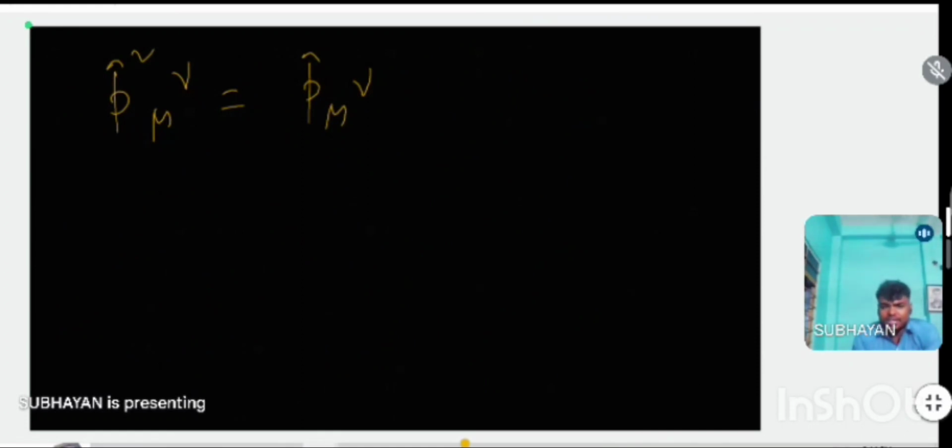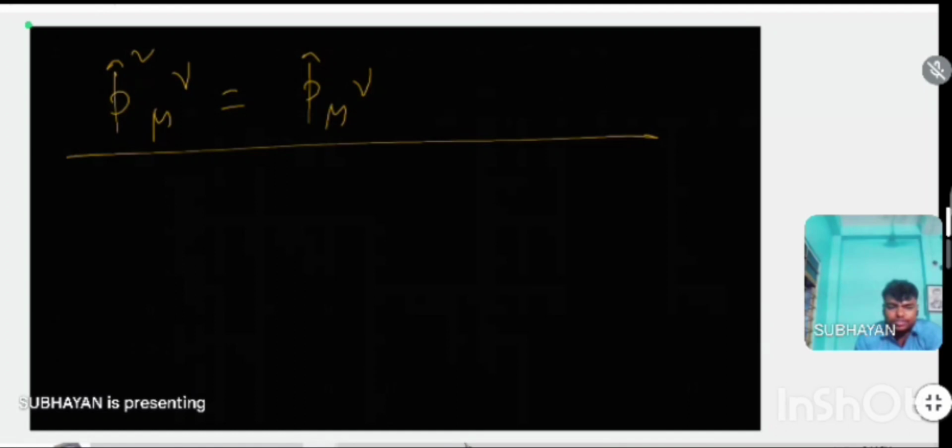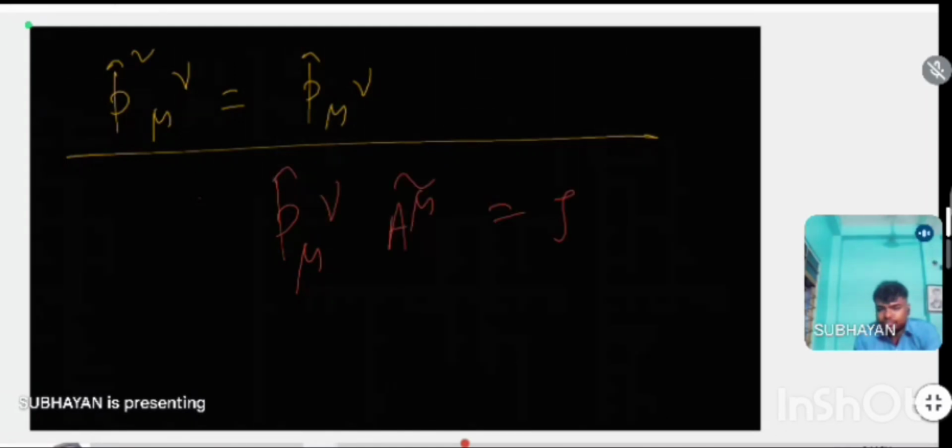Similarly, if you find the p cube mu nu, this will be the same as p mu nu. So the Maxwell equations at last can be expressed as an operator equation having an idempotent operator p mu nu of a mu tilde equal to minus j nu tilde by k square.